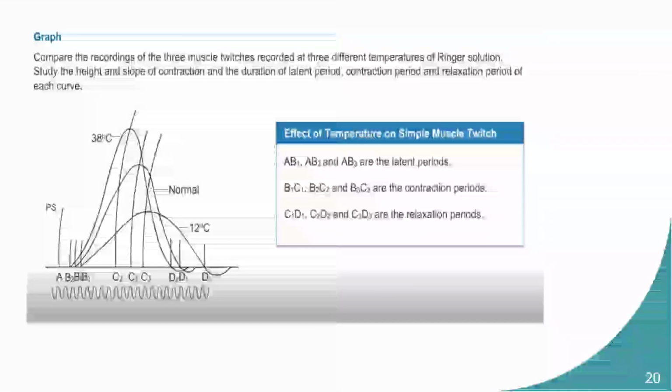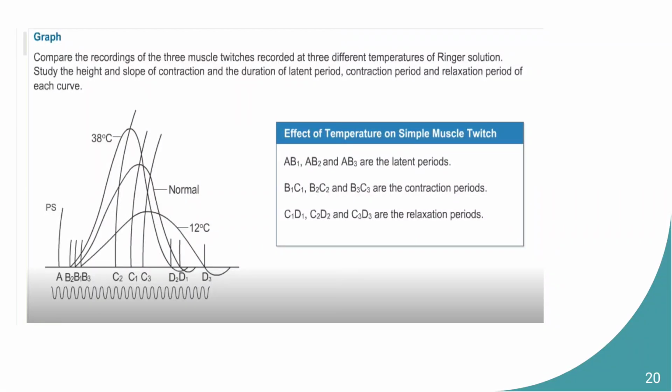So this is the recording, and when all the process is over, we have to compare. Here we can see that the latent period of normal Ringer solution is AB1, and when we apply the warm solution, it is AB2, and when we give cold saline, it is AB3. When we have measured it, we have seen that AB2 is the least.